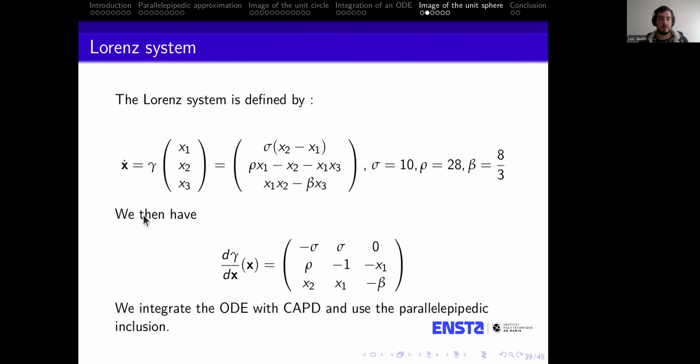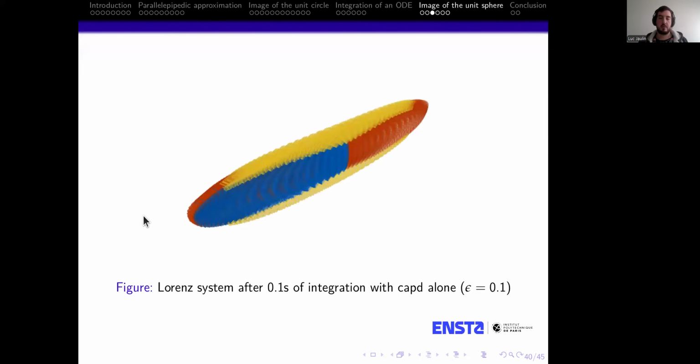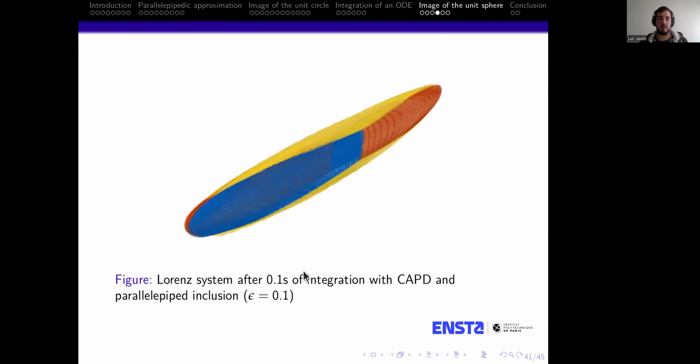And so this is the result after 0.1 second of integration with CAPD alone. And this is the result that I get with my parallelepipeds here. And so we see that our result fits the curve better, because the wrapping effect of boxes in 3 dimensions can be an issue.